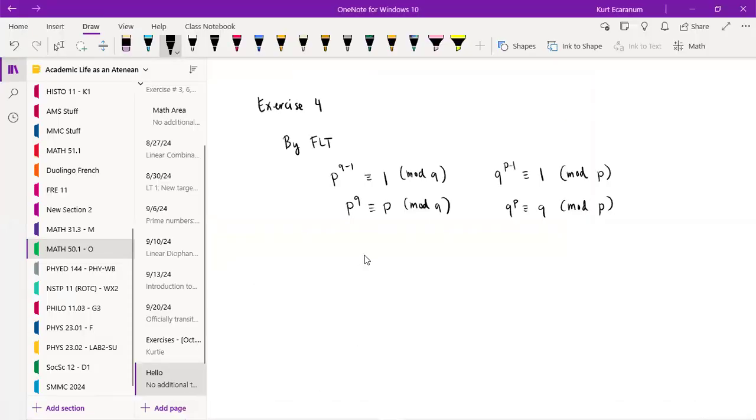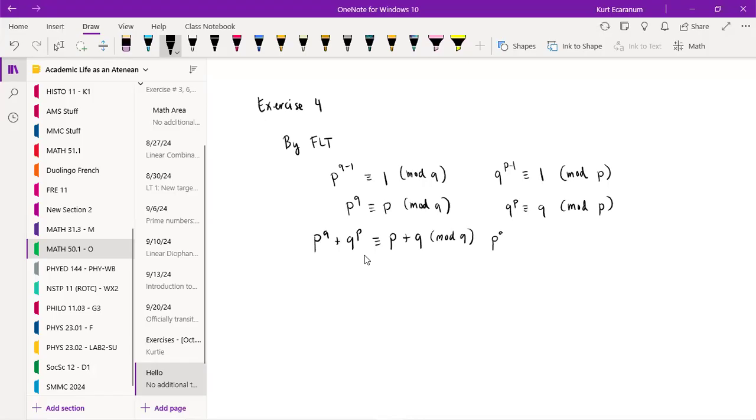So dito, I can choose to add P to the Q plus Q to the P. Q to the P, this is 0 mod Q. But dito sa right side, I will just add Q. Kasi yun yung gusto nating makuha. And I can do the same.